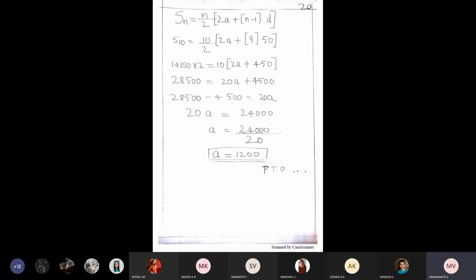All of you have copied. Probably your AP is almost done. You have to go for the next series, that is geometric series. Shall I close this image?